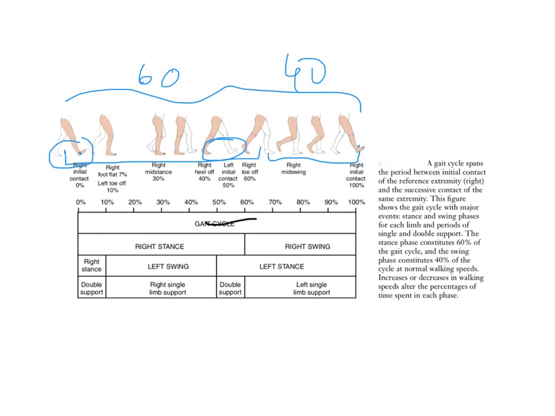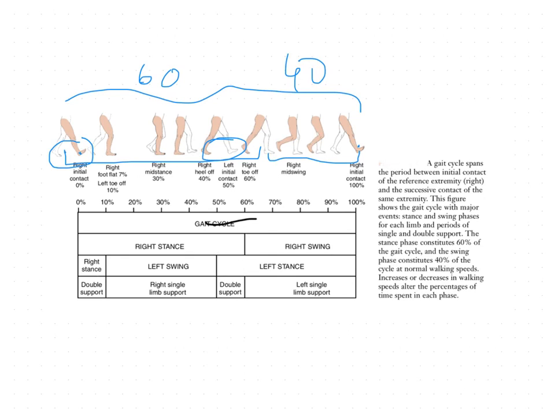So at what percentage of the entire 100% of this gait cycle are the events going to take place? At 0%, the start of the gait cycle, is initial contact, and foot flat is at 7%.